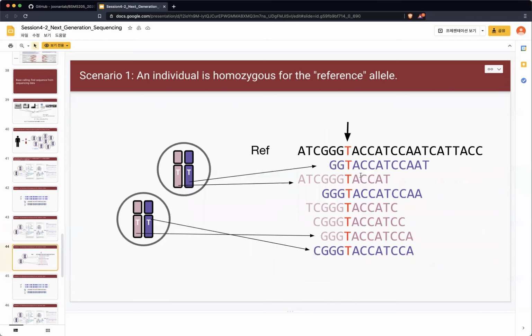Then you align that sequence information to the reference genome, right? So you align like in here, right? So this also takes a computational algorithm method. Then you can align this position, then you can read out T, right? So how many depths on here? 1, 2, 3, 4, 5, 6, 7. So 7 depths, right?